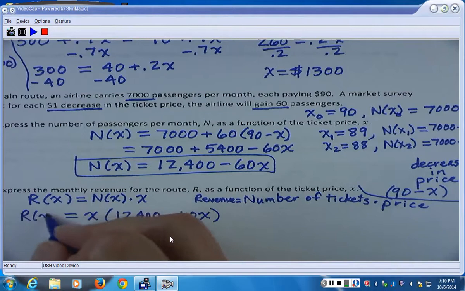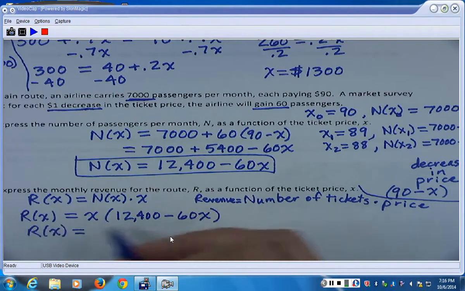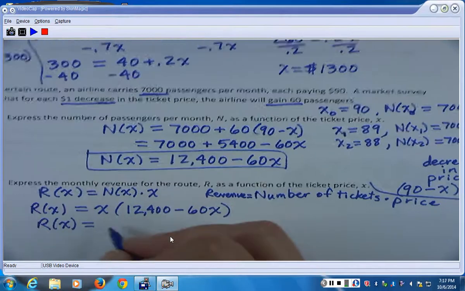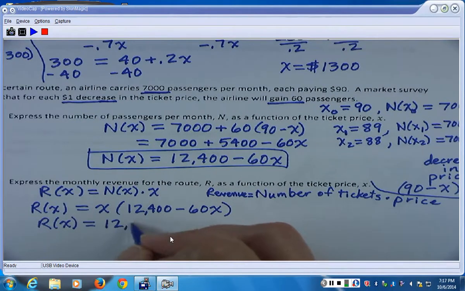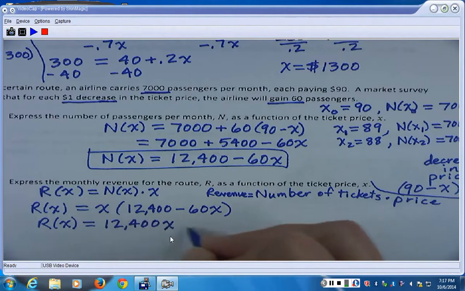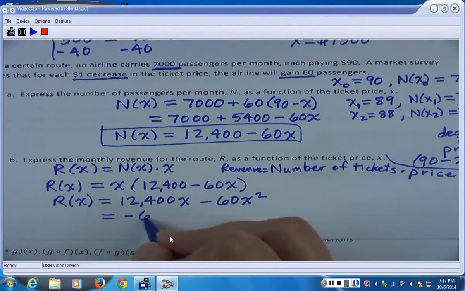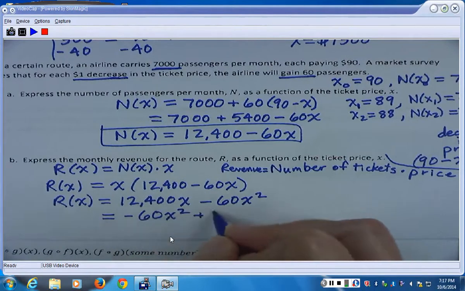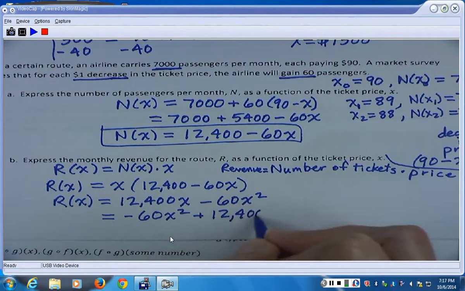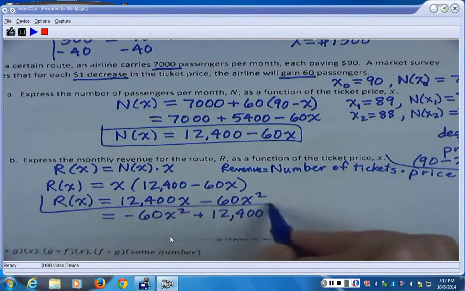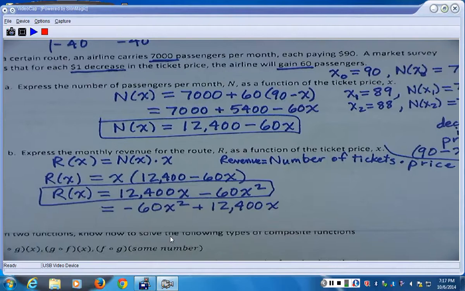R of x equals, distribute, and you get 12,400x minus 60x squared. Or you can write it as the higher power of x plus the lower power of x. Either way, that's fine. There's the revenue. And x squared is the highest power of it, so it's a parabola.